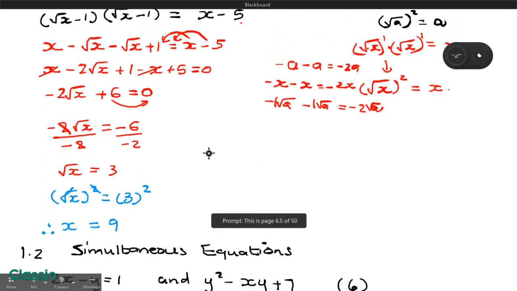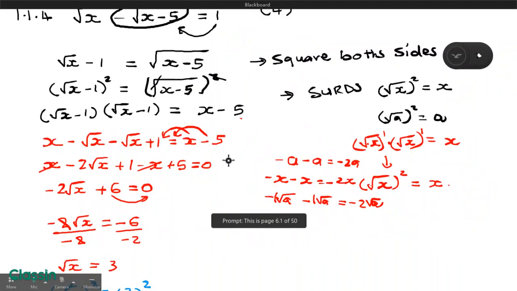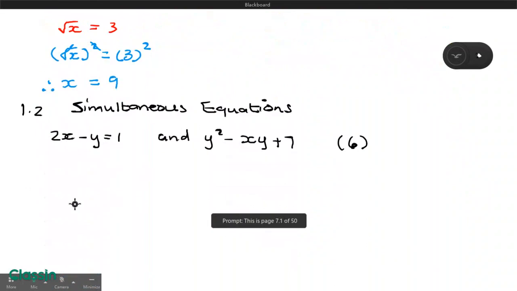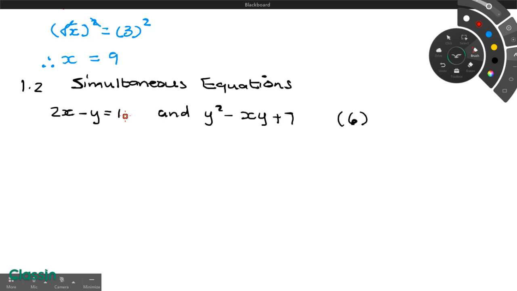The previous activity was offering us 4 marks. This one is offering us 6 marks. So now when you are given like this, already you are given two equations. It means that this will be referred to as your equation 1 and your equation number 2.